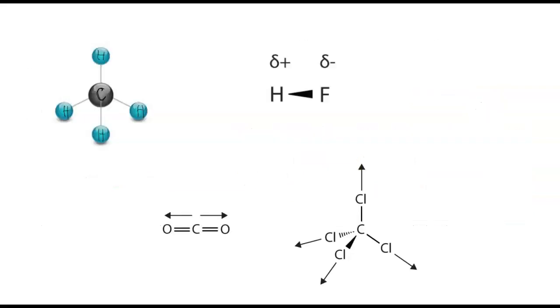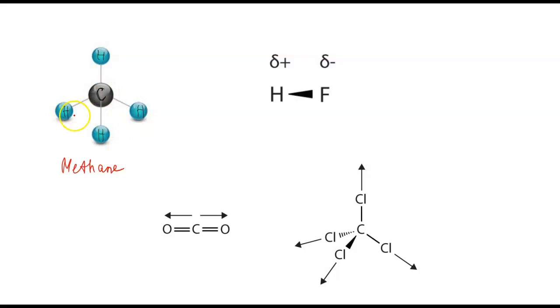So, these are examples of polar or non-polar molecules with non-polar or polar covalent bonds. This is methane, the first one.